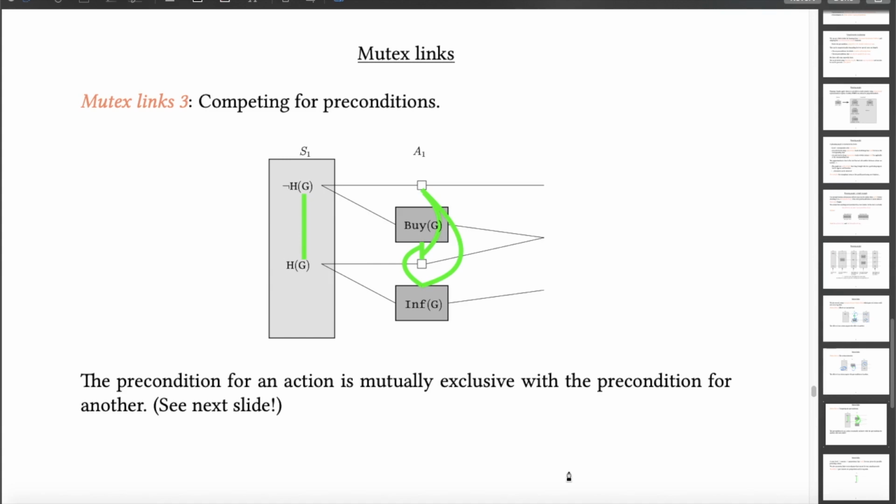So just to take one of these as an example, buy g has the precondition not h of g, and inf g has a precondition h of g, and these are already mutually exclusive, so buy g and inf g are mutually exclusive as well. So we have a mutex here. And the argument for the other mutexes between actions in level A1 is precisely the same.